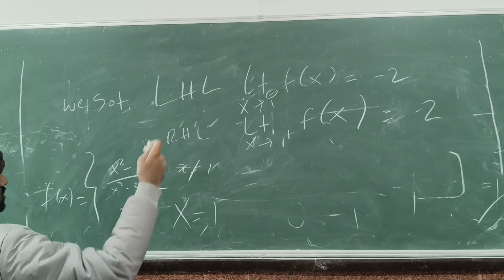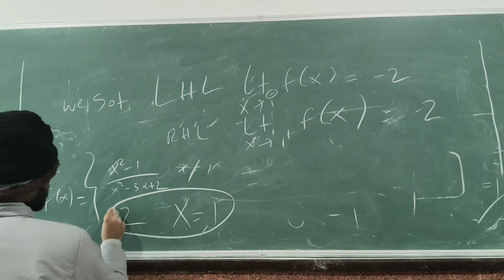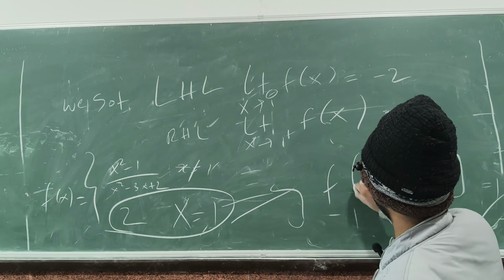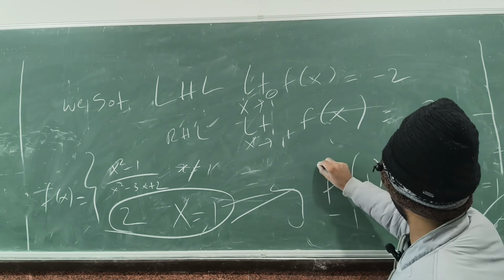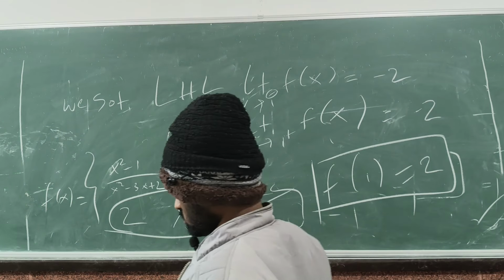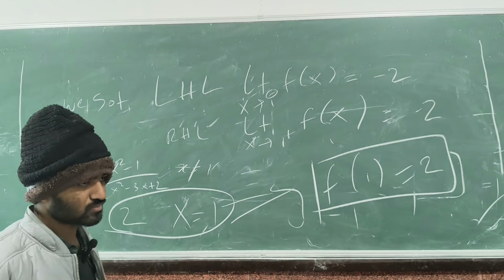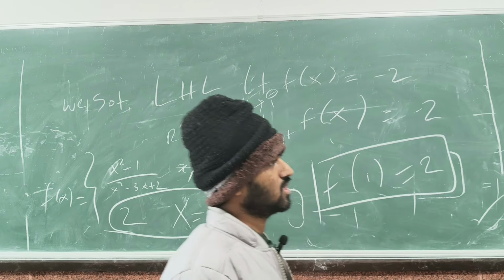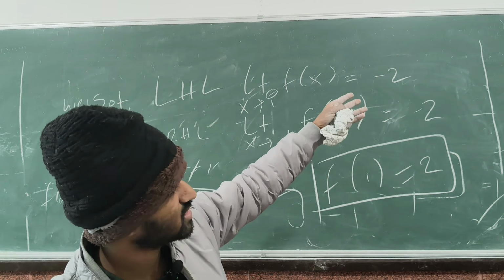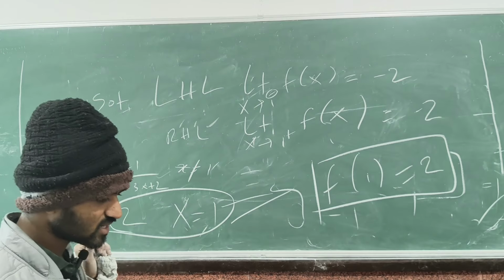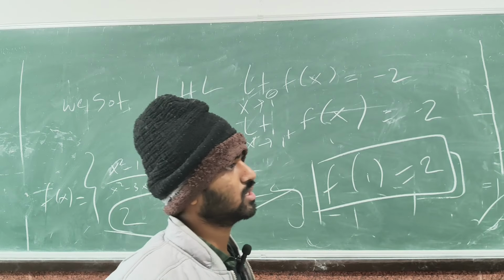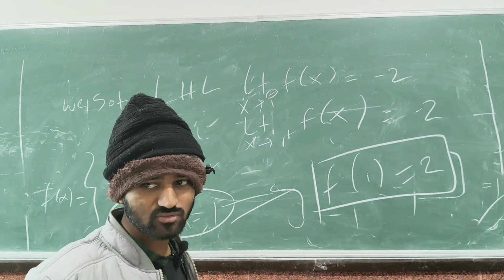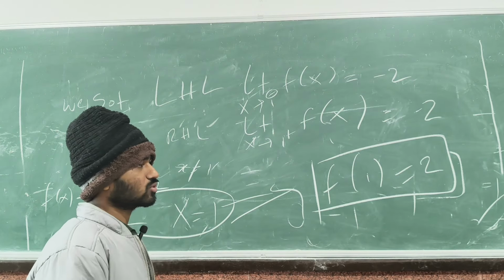But at x equals 1, we are given f of 1 equals 2. Means when I am approaching from the left side of 1 towards 1 minus, I got left hand limit minus 2. And when I am approaching from the right side of 1 towards 1 plus, I got value minus 2. But exactly at 1, I got a value of 2.